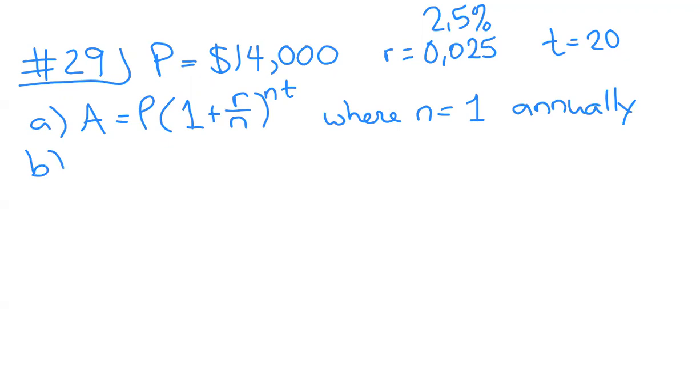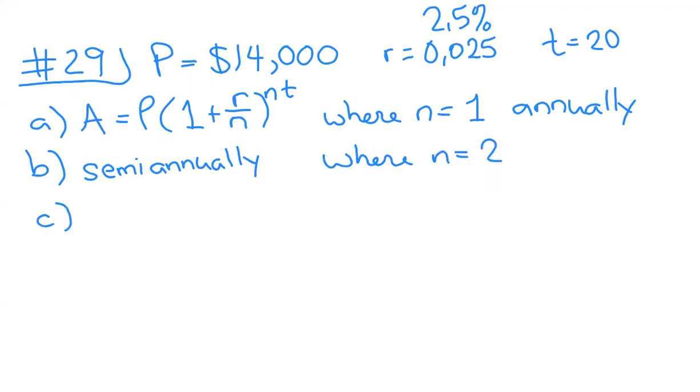B, semi-annually. Same equation, where N equals 2. C is quarterly. So that is the same equation where N equals 4.